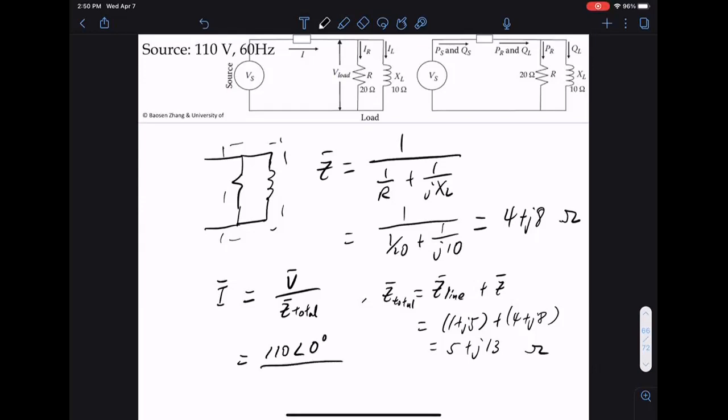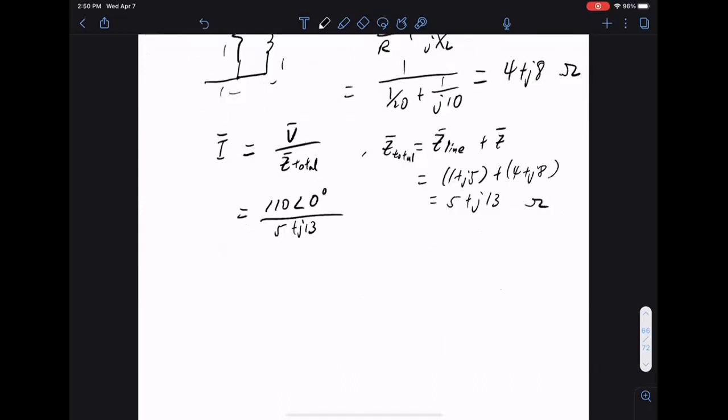We can divide by 5 plus J13. We get a current, and you can either keep this in polar coordinates or in rectangular coordinates. Here, I'm going to just write it in polar coordinates, 7.9 angle minus 68.96 degrees.